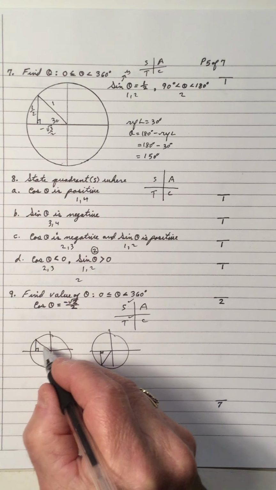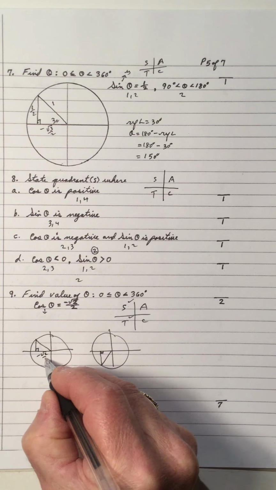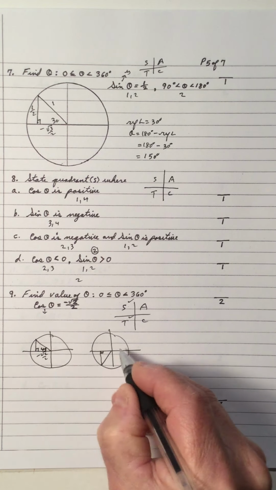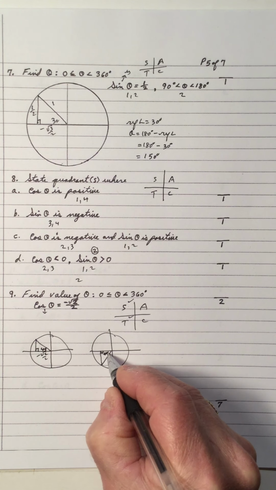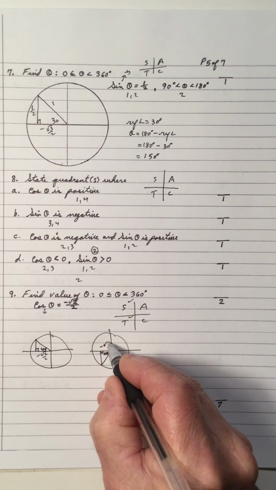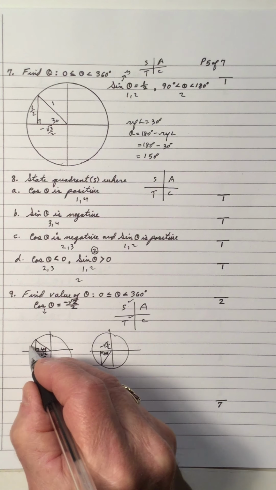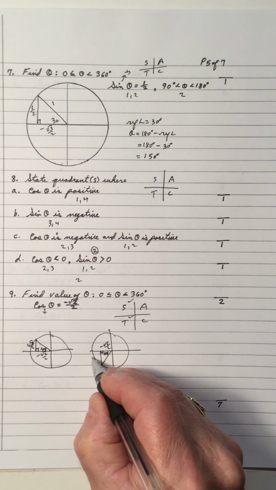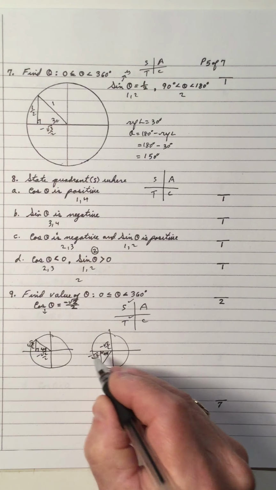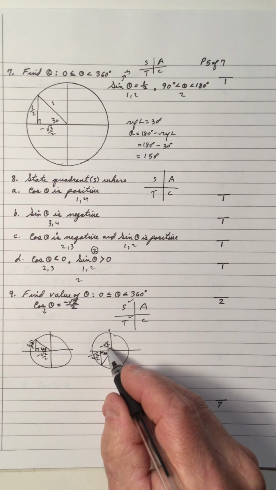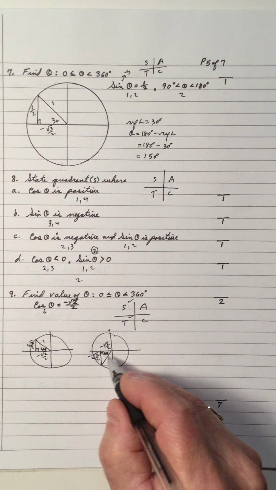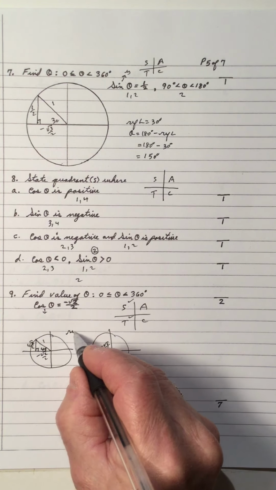X is negative root 2 over 2. But automatically, when you have a root 2 over 2, your reference angle is 45. X is negative root 2 over 2, which means that y is root 2 over 2, positive, and here, y is root 2 over 2, but negative. So for root 2 over 2 on both sides with hypotenuse of 1, that means you've got a reference angle of 45.